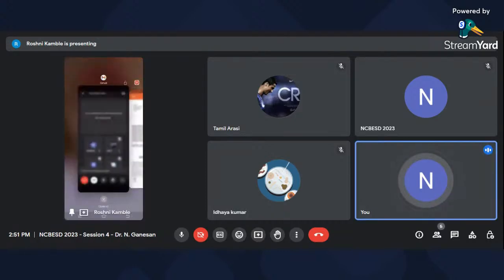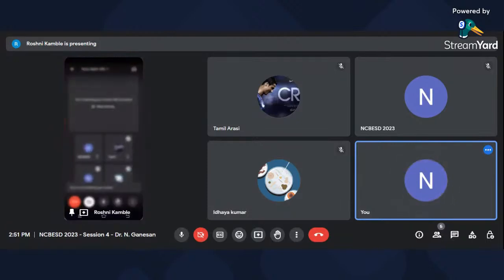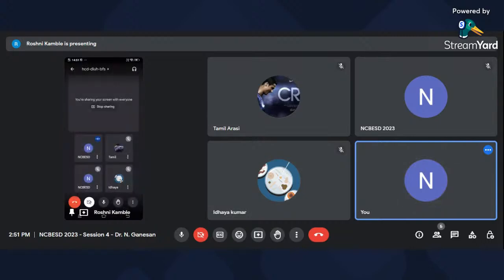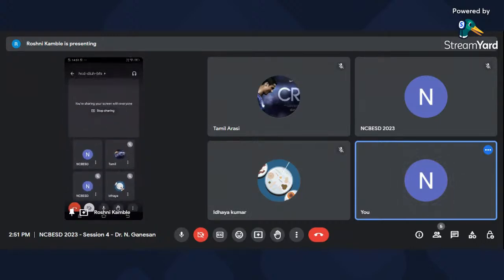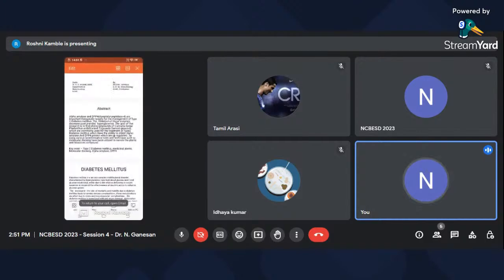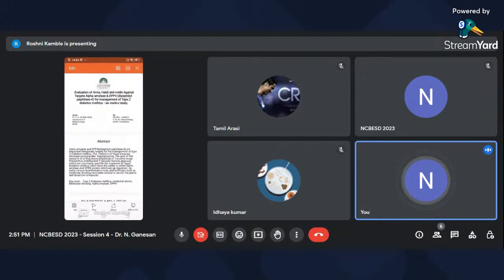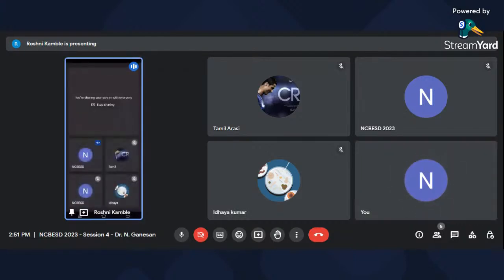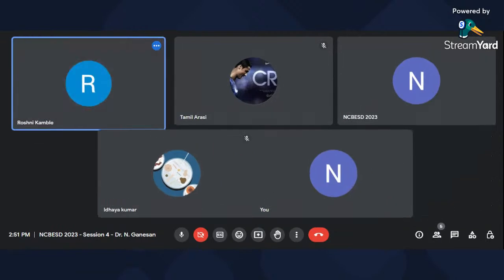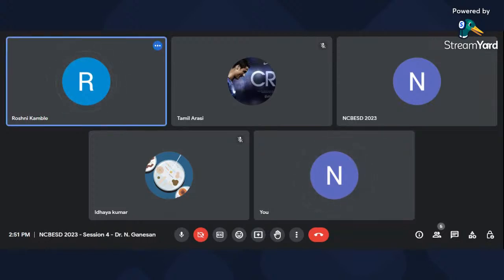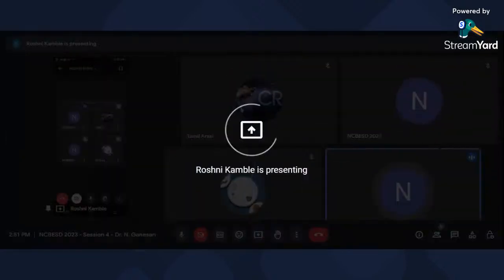Turn your phone into landscape mode so that it will be clearer. Share your slides, Roshni. Ma'am, I have shared. Okay, shall we present your slides for you? You have your slides, right?